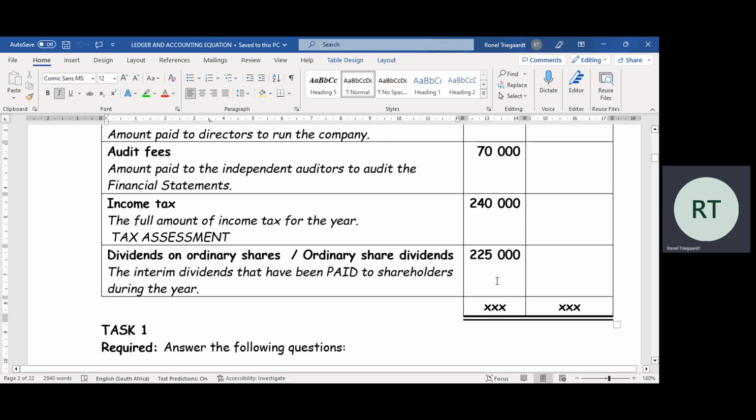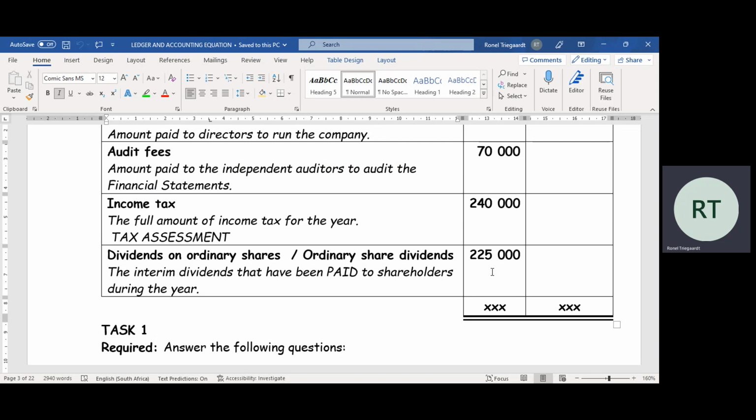This is also under the nominal section. It looks as if it's an expense, but it's not an expense. That is the full amount that we are supposed to pay to the shareholders for the dividends. So that means, in my case, the full 30 cents, not the 10 cents or the 20 cents, the 10 cents I promised and the 20 cents I paid and the 20 cents we promised.